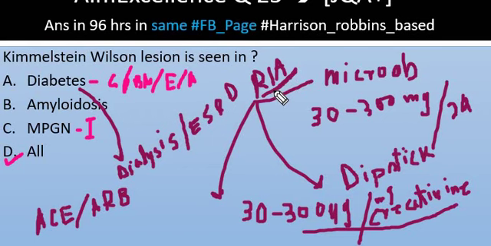All the details that we have given you regarding diabetes, amyloidosis, fibronectin glomerulopathy, and idiopathic nodular glomerulosclerosis, all the findings, and membranoproliferative glomerulonephritis. All these topics are very important, and you have to be aware of all this information, because you never know from which angle the question can come. But Kimmelstiel-Wilson lesion is not just marked in diabetes, so that is going to be a wrong answer, and the answer is going to be D, all.